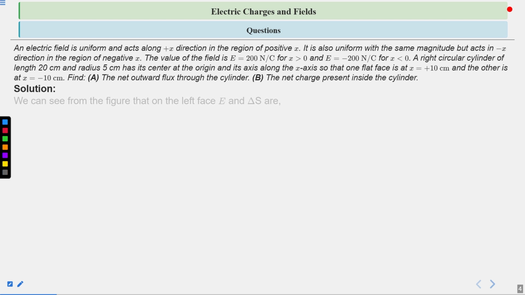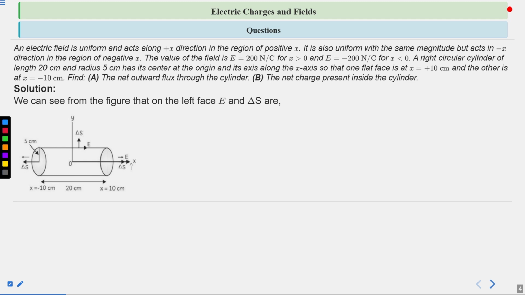Solution. According to the question, look at the figure. A circular cylinder of length 20 centimeter. The center of the cylinder, from the left hand side to the center and then to the right side, total length is 20 centimeter according to the question.